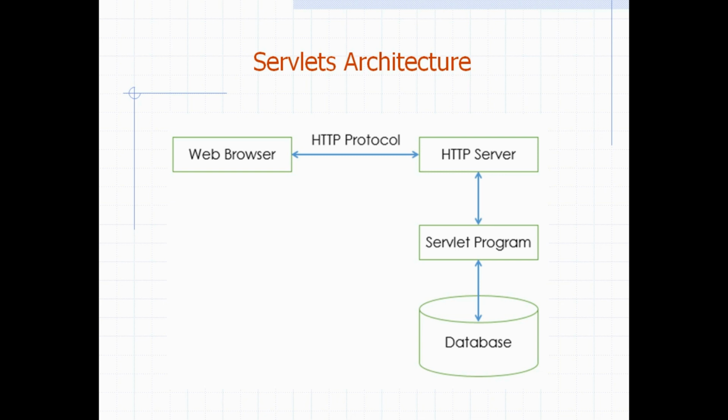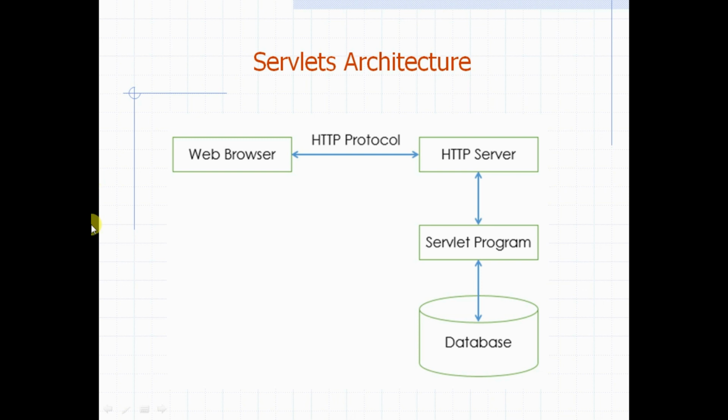If the headers are fine, then using the methods and headers, the request coming from the web browser is sent to a servlet program. The servlet program is in a web container, and it executes that program, and if the query is related to the database, it fetches the values from the database, and then it sends a response.